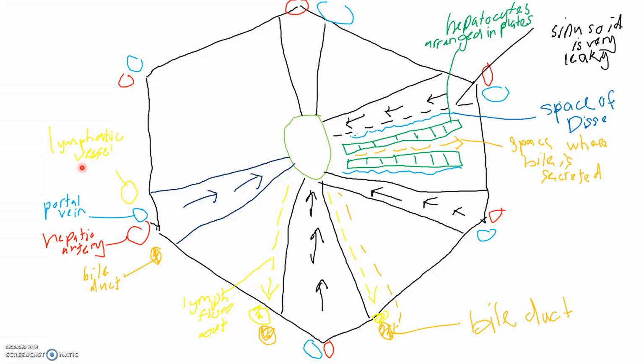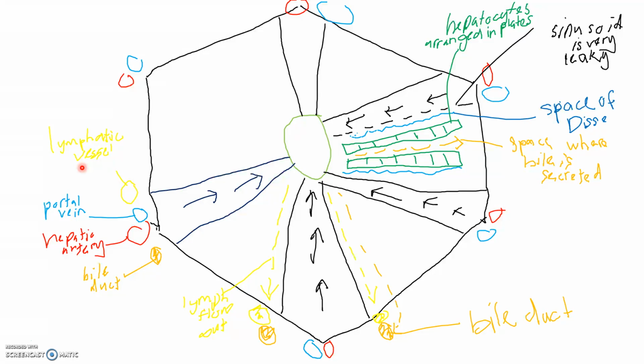Portal tetrad, I don't think it will come out in exam. All you have to know is just portal triad, because the portal tetrad is actually a latest finding. But for your knowledge, you have to remember that in every portal area we have portal vein and hepatic artery input, as well as two drainage systems, that is the lymphatic as well as the bile duct.